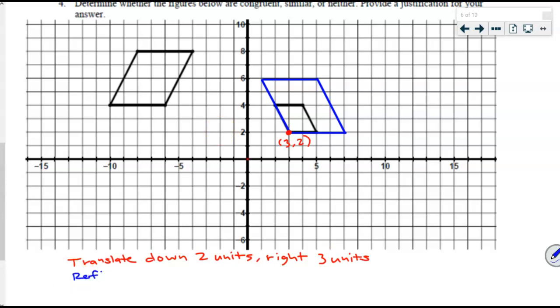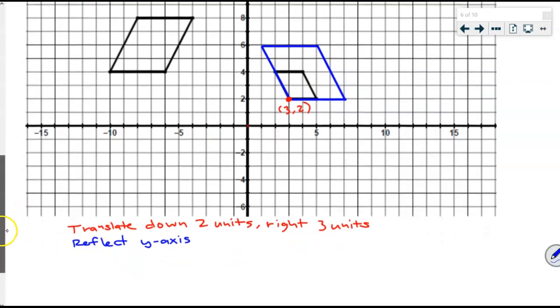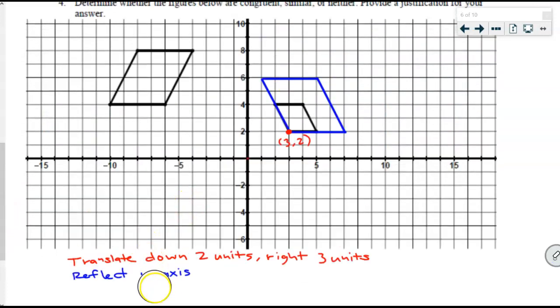So you all should be writing this down too. Like I said, even if you already found another way, it's good to have your eyes opened and to see another way that this could be done. Reflect over y-axis. And then we can dilate with scale factor 1/2.